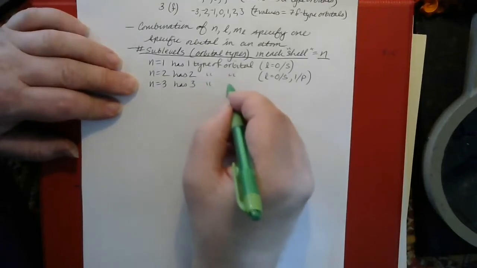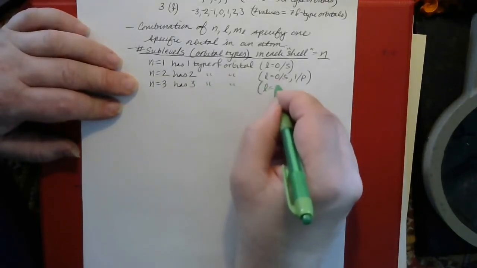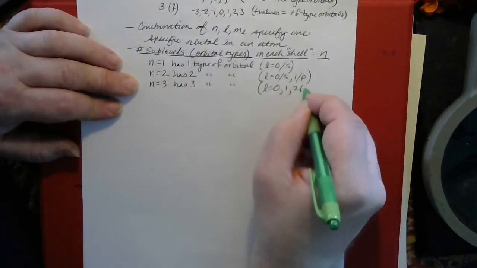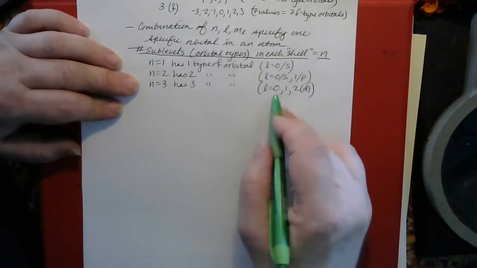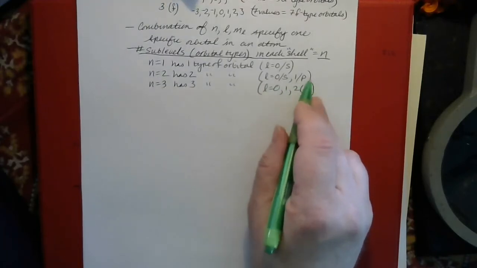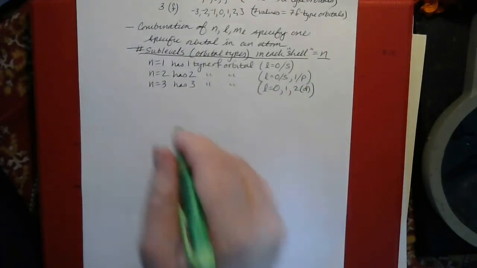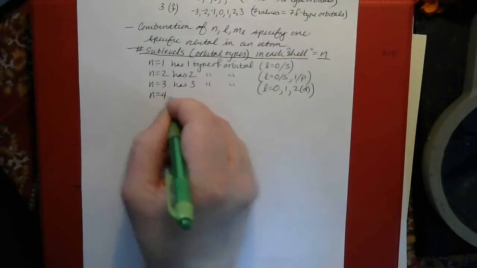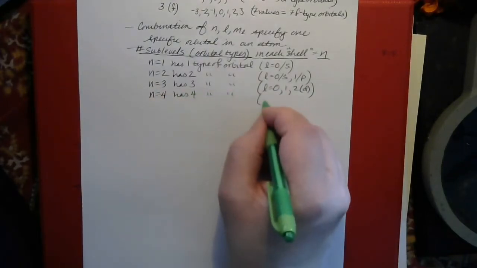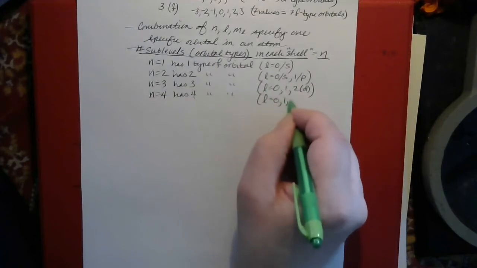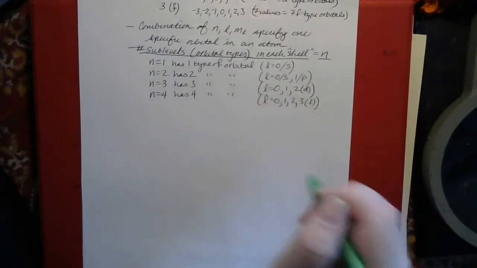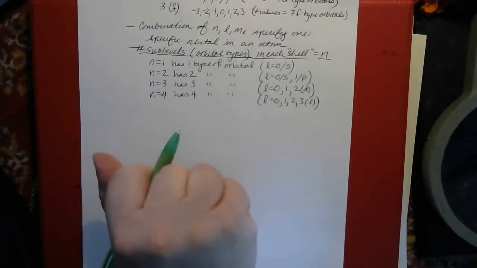And n equals 3 has 3 types of orbitals: L equals 0, which is s, L equals 1, which is p, and L equals 2, which is d. N equals 4 has 4 types of orbitals, L equals 0, 1, 2, and 3, L equals 3 being also known as f-type orbitals.